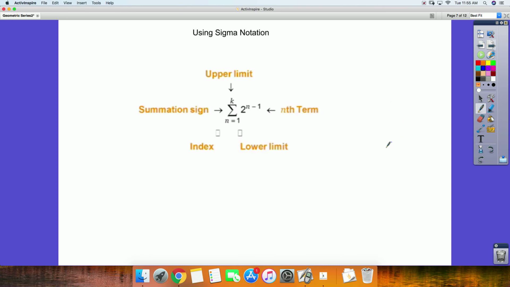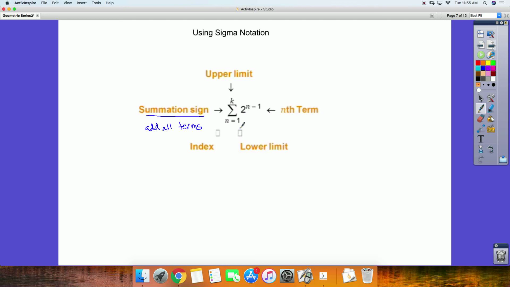Now the next thing is using sigma notation. Now sigma notation is just another way of writing our terms. So this symbol here, the sigma symbol, that is a summation sign. That means you're going to add all the terms.